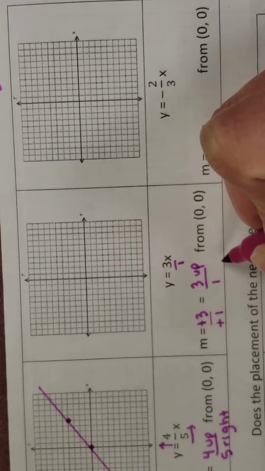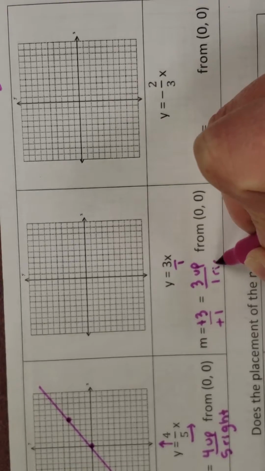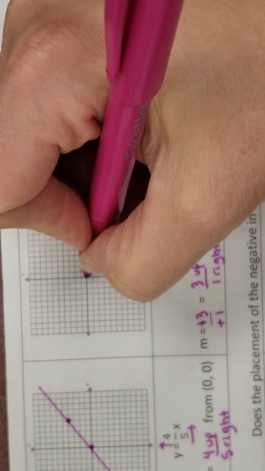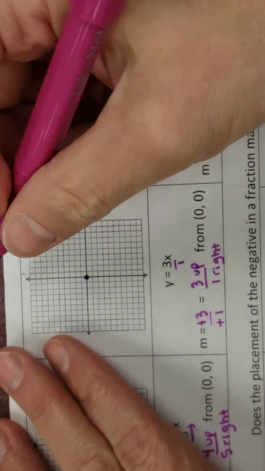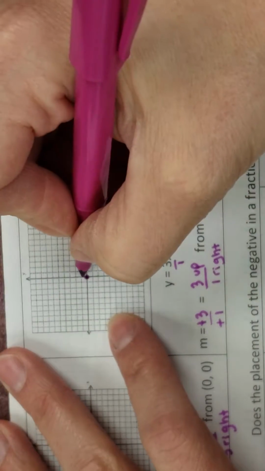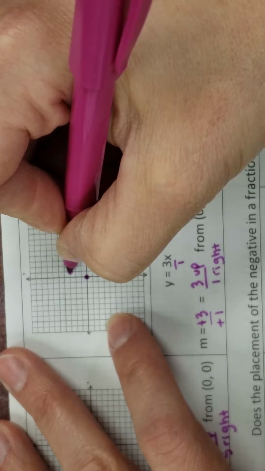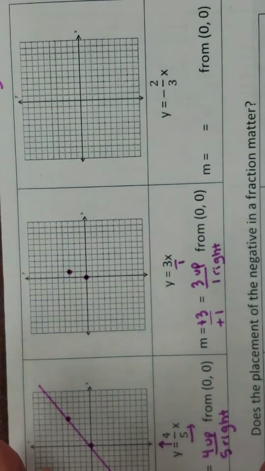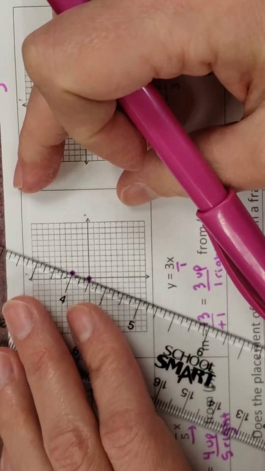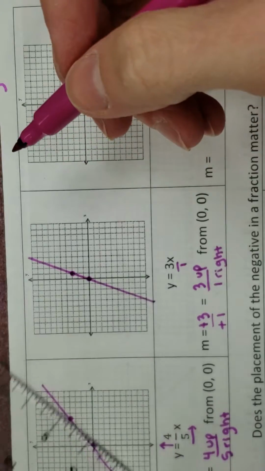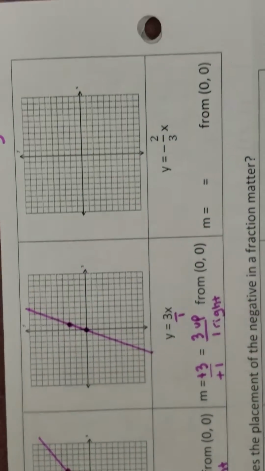Which direction? Right. From the origin, you always know that point's going to be right. So from here I'm going to go 1, 2, 3 up. Don't put a point down. Now put a point down once you've done 1 to the right. Make sure you use a straight edge. Please don't do it by hand.